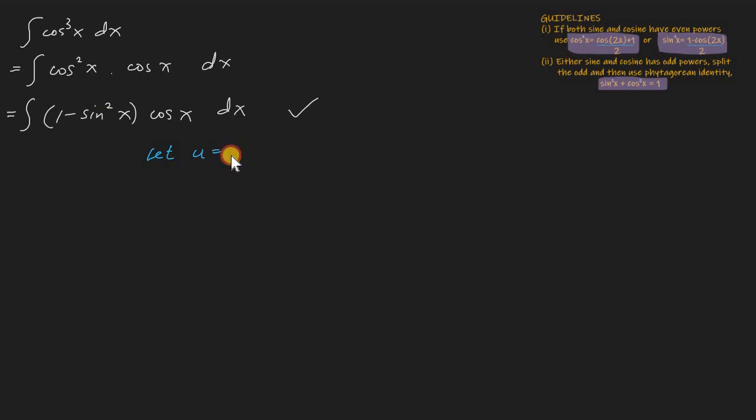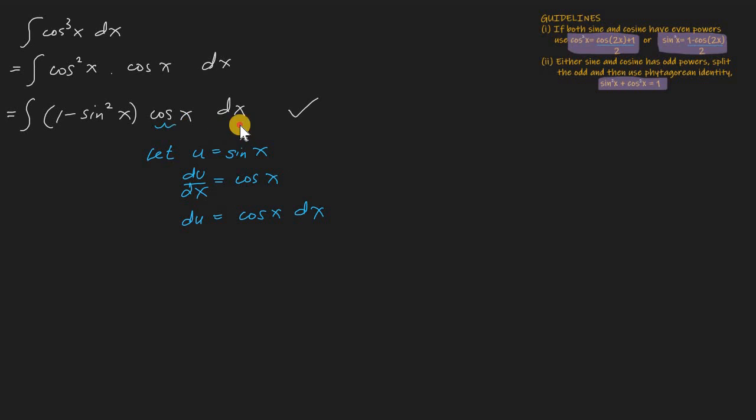That will be the appropriate u. Then to change everything into u, the derivative of the sine, you have to look at the formula list. Derivative of a sine is cosine, so we can replace such that du is cosine x dx.